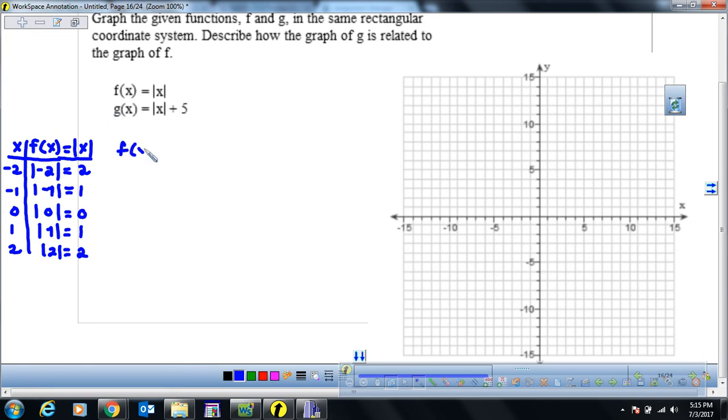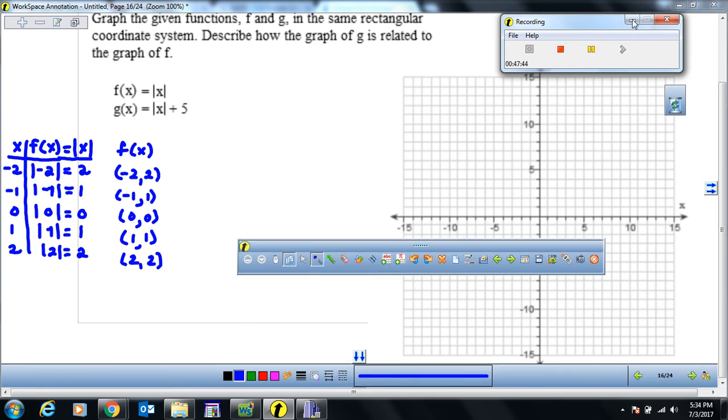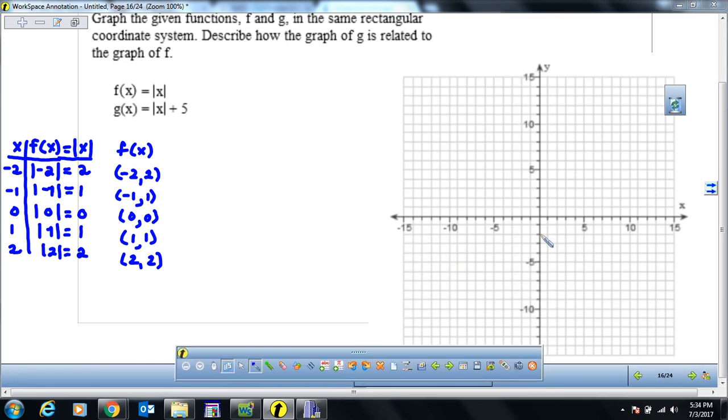So, for the function f of x, we got the points (-2, 2), (-1, 1), (0, 0), (1, 1), and (2, 2). Let's go ahead and graph this function. The graph is going to look like (-2, 2), it is up here, (-1, 1), (0, 0), (1, 1), and (2, 2).